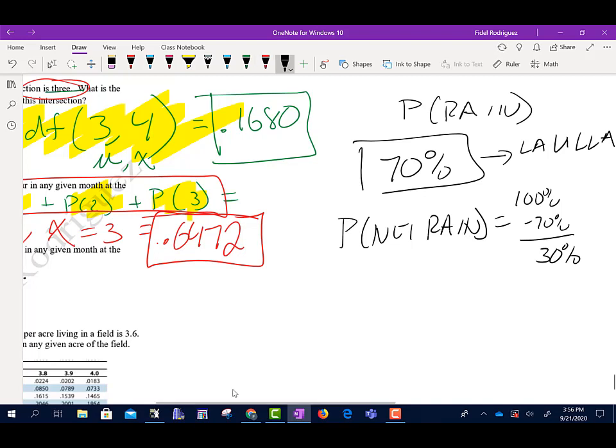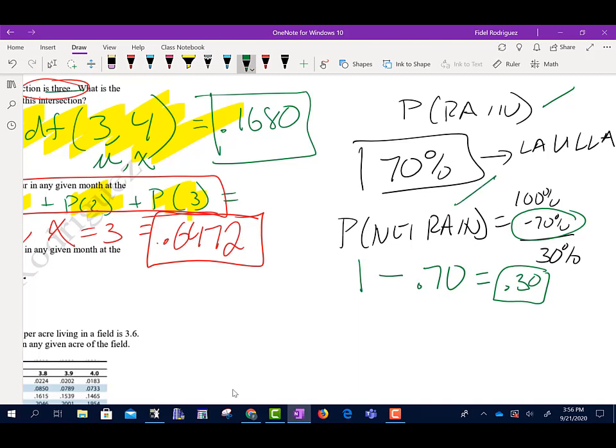Or I could do it without percentages. I could do it by saying, let's take 1 for 100% minus 0.70, because that's what 70% would be as a decimal, and I'd end up with 0.30, okay? So when I know the probability of something is going to happen, the probability that it will not will be 1 minus whatever we got the first time, right?